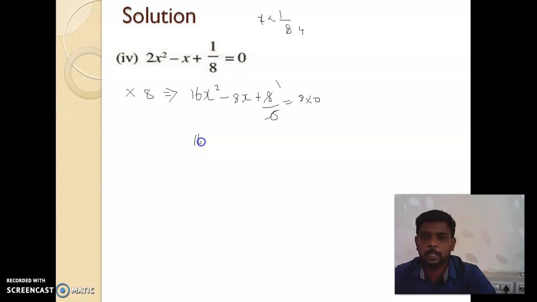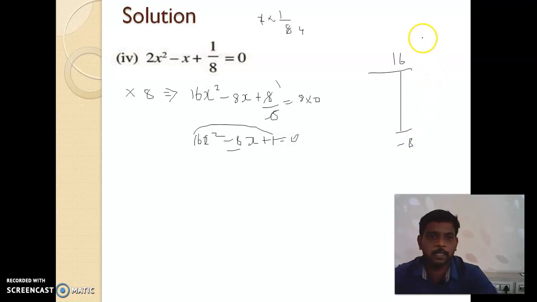So 16 x square minus 8x plus 1 equal to 8 into 0, 0. Okay, now in the top of 5, what will come here? Now multiply these two: 16 into 1, 16. And in the bottom of 5, minus 8 is there.